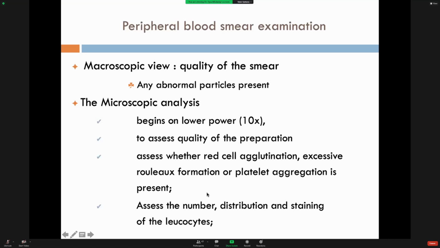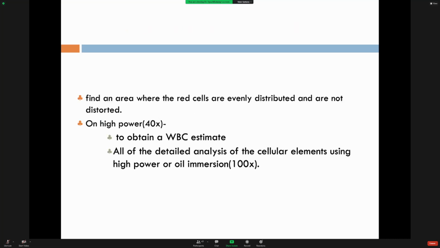Assess the number, distribution or staining of leukocytes, very important. Then you have to find an area where the red cells are distributed in a nice way and are not distorted, usually in the middle, in between, not toward the thick area or the thin area. This is on the lower powers.